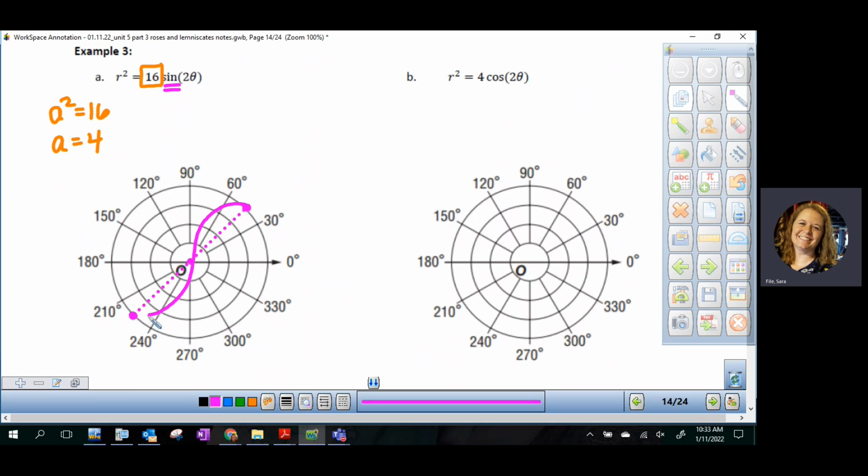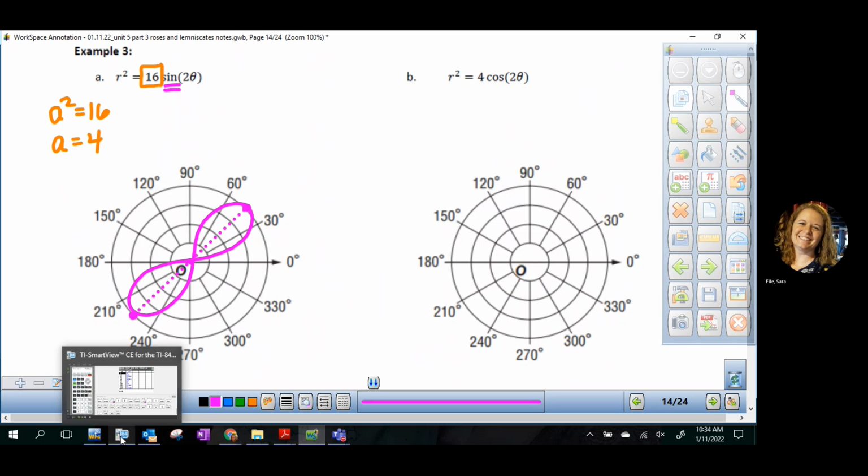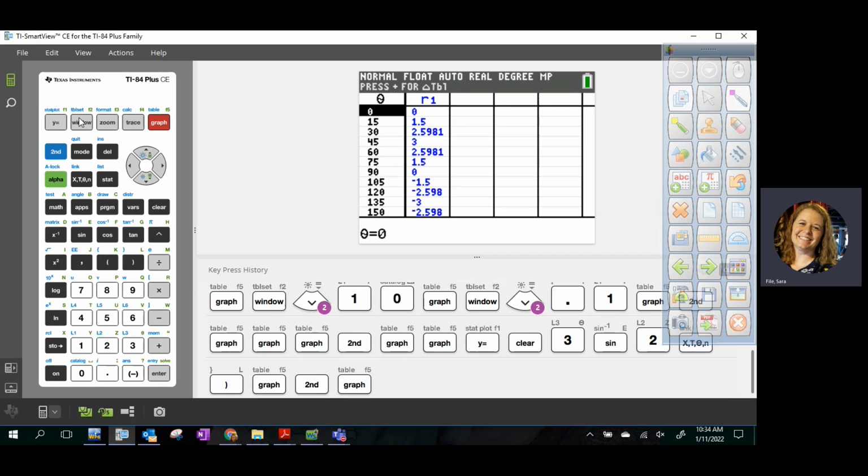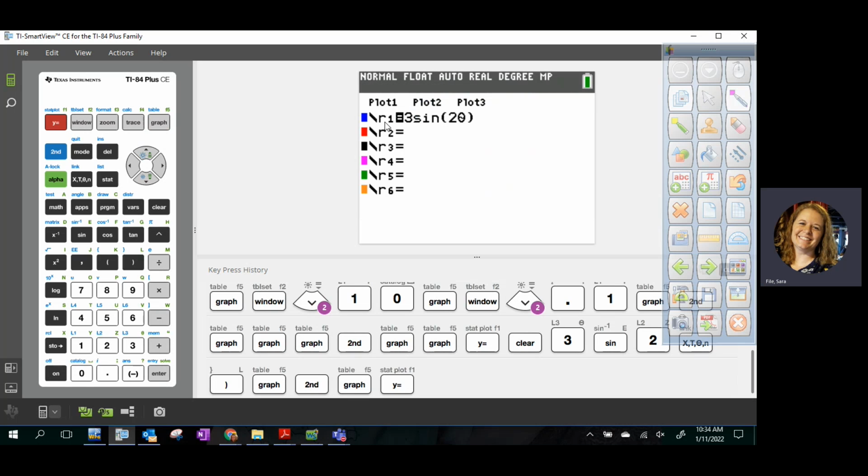Now, if you wanted to plug this in and get a better width of the petals, you could. I don't know if I'm drawing them as wide as they should be. We can check it. R squared equals 16 sine 2 theta. Now, to put this in the calculator, I can't enter R squared equals. So how would I solve for R? How would I get rid of that squared? I would take the square root.